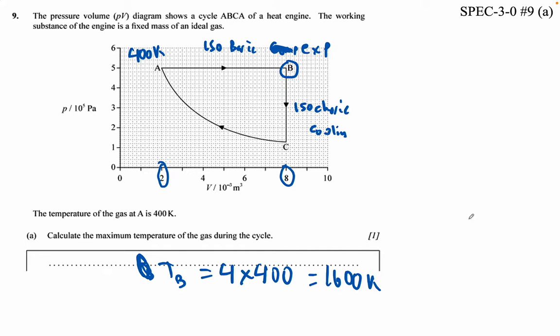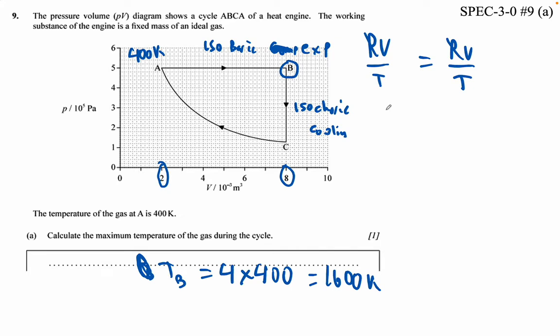Now let's imagine that you really don't like that. Well, obviously you can do this. You can go PV over T equals PV over T, right? The pressure stays the same for this process, right?